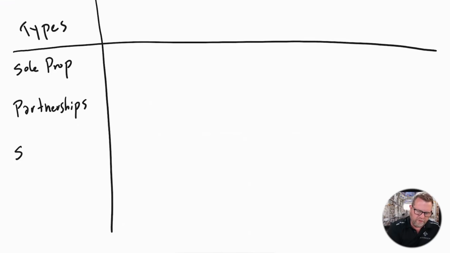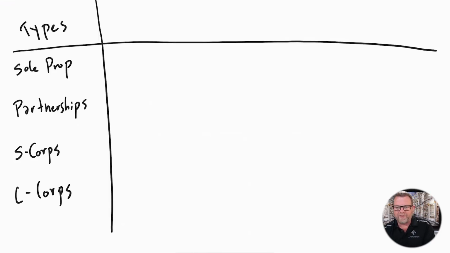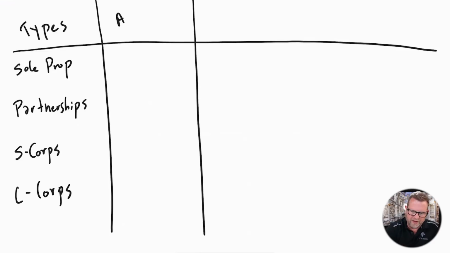We're going to go over S-Corps. And we're going to go over C-Corps. And I'm going to rate them on four different areas. I'm just going to list these out. I'm going to call this one asset protection, and tax, so minimizing tax.